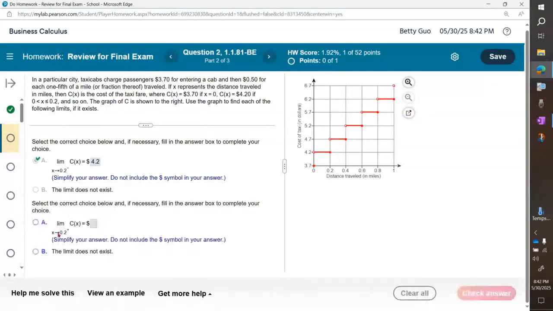Second part is to find the right-hand limit when x approaches 0.2 from the right. You can see this piece. We're going to look at this piece. When x approaches 0.2 from the right, y variable approaches 4.7.